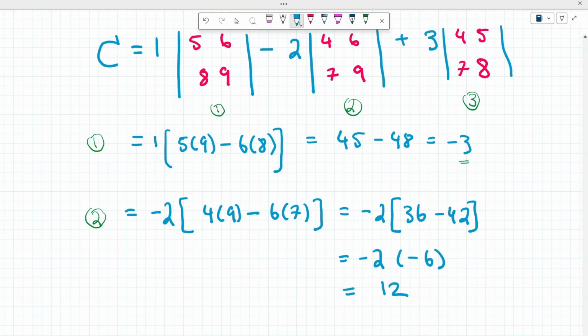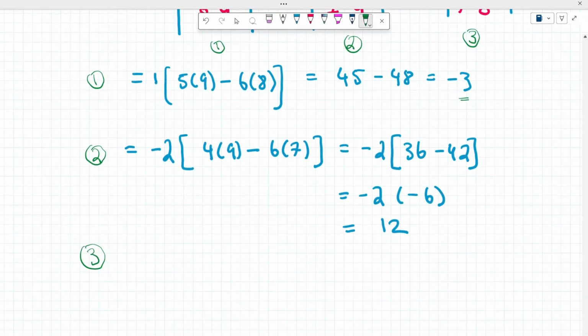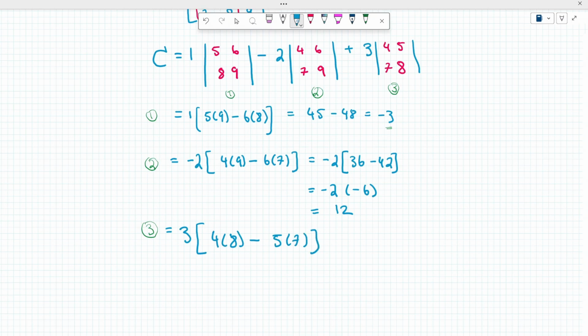Now we're going to do that for our last one, number 3. So we've got 3 times 4 times 8 minus 5 times 7. Then that gives us 3 multiplied by 32 minus 35, which equals 3 times negative 3, which equals negative 9.